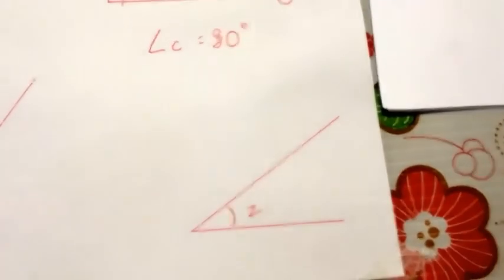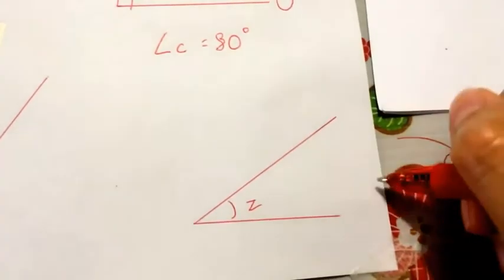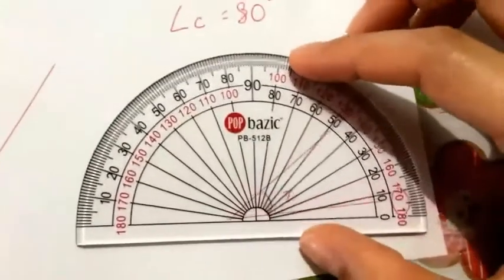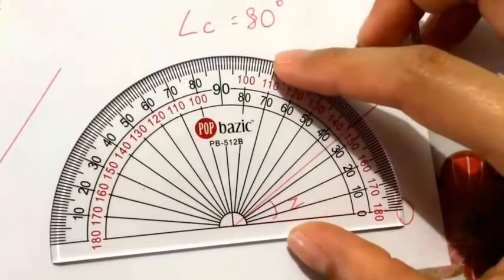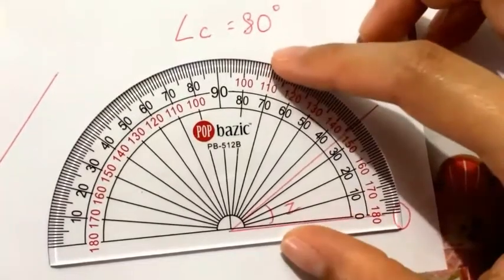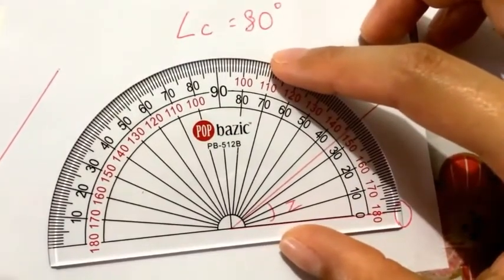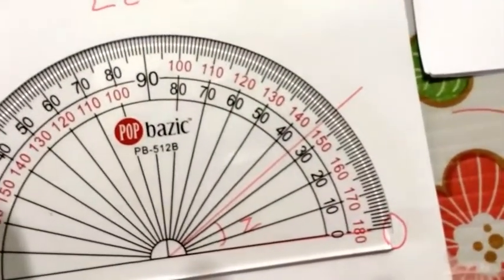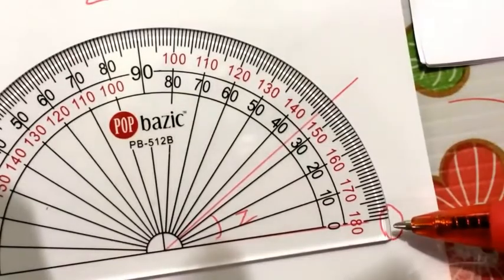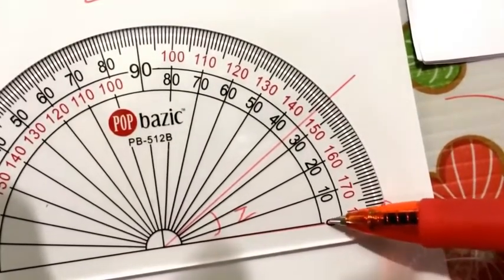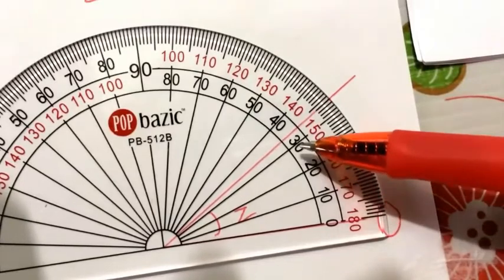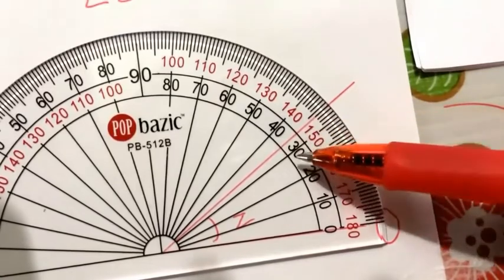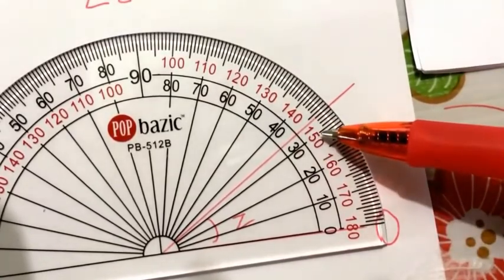Next, we have one more angle, angle Z. Put the protractor and count from the inner scale. Zero, 10, 20, 30, 31, 32, 33 and 34.